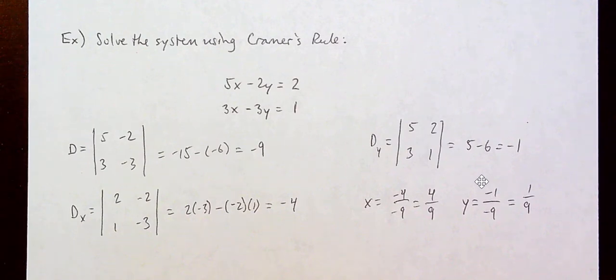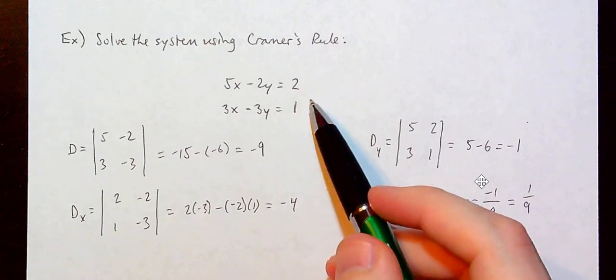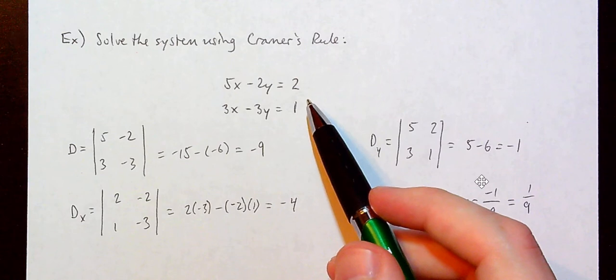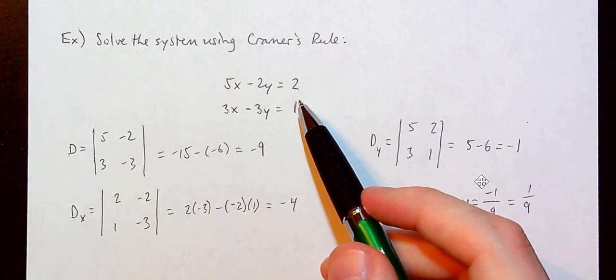So these are indeed our solutions to this system of two linear equations in two variables. You can plug these things back in and check that they are indeed valid answers.